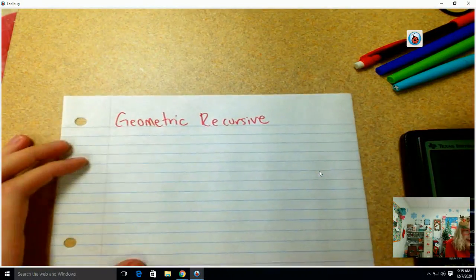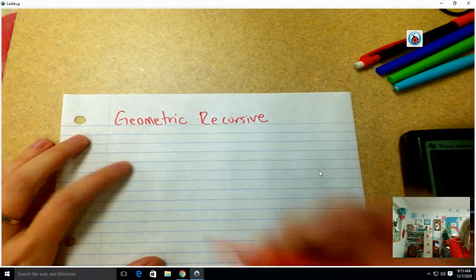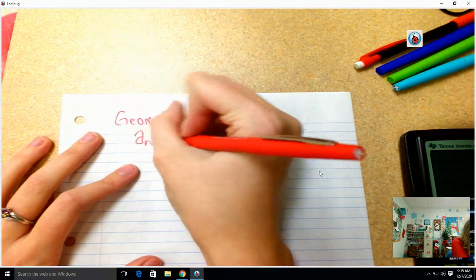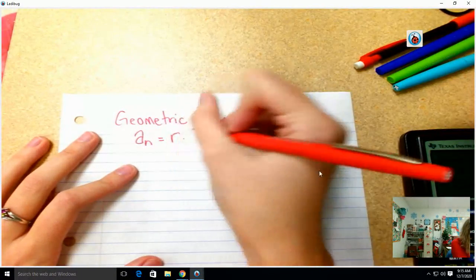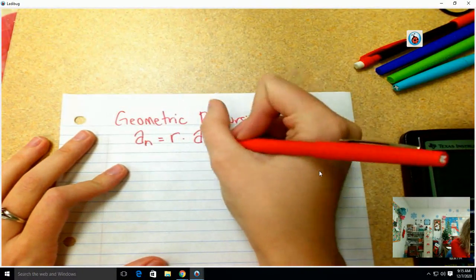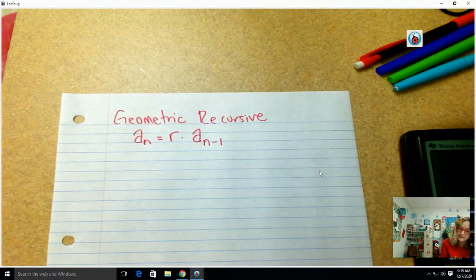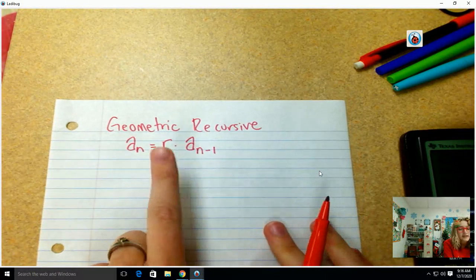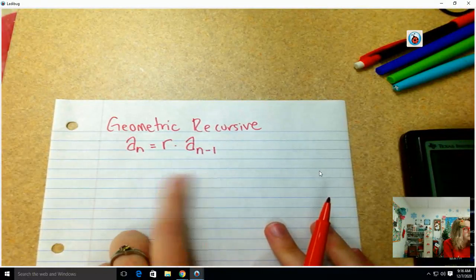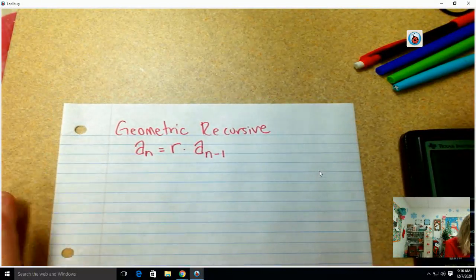And the formula for that in a recursive form is going to be a sub n equals r times a sub n minus 1. So remember, for recursive formulas, you have to know the term before it in order to use it. So this one's not as user-friendly as the explicit form, which we're going to do next.